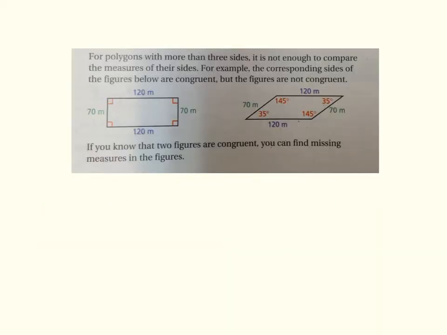You should also have this picture and paragraph in the papers I gave you. Please cut it out and paste it into your notebook while I read. For polygons with more than 3 sides, it's not enough to compare the measures of their sides. For example, the corresponding sides of the figures below are both congruent, but the figures are not congruent. What this is saying is, even though the measures of these two shapes on the outside are the same, see we have 120 and 120, 70 and 70, that doesn't mean that the inside angles are going to be the same.